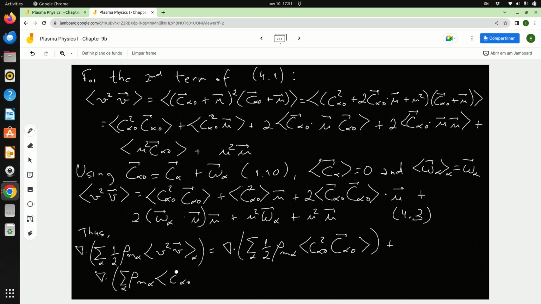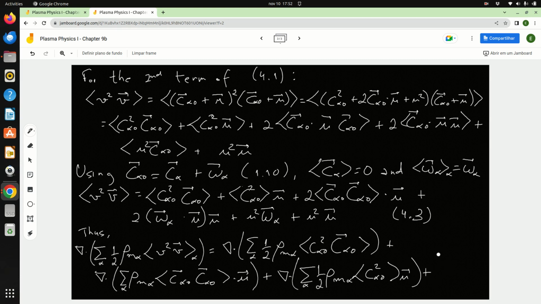So okay, plus the other term, divergence of 1 over 2. Do we have all the terms already?